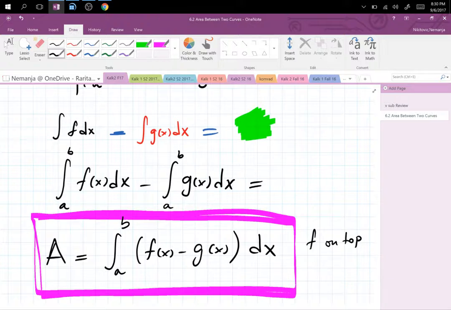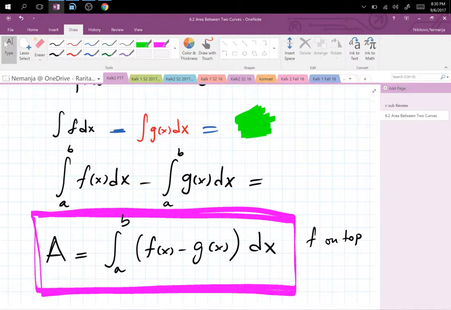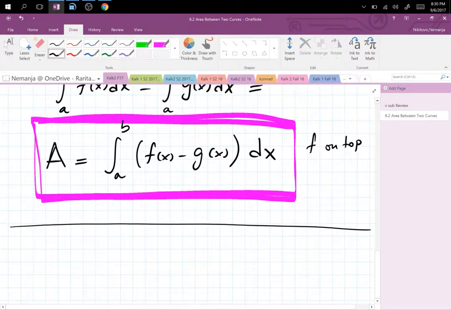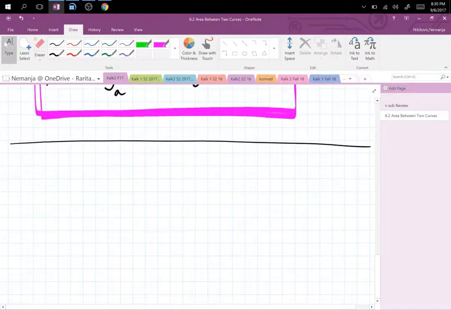So now we see that we can compute area between two curves using this. And I'm going to ask you to compute area between two curves now. So let's have, I'm going to make a problem up, so the numbers are going to be terrible, obviously.